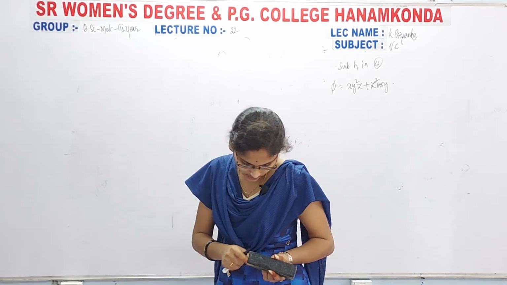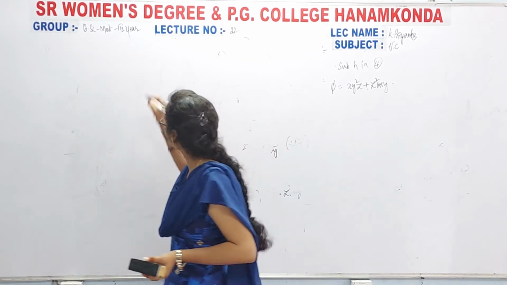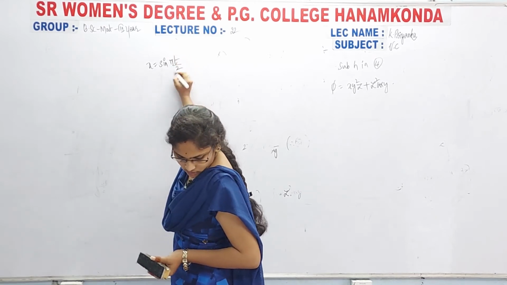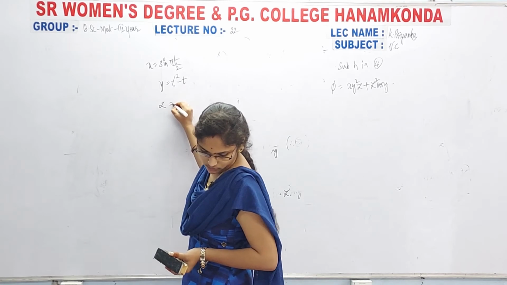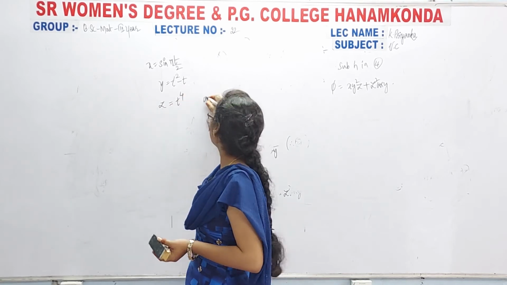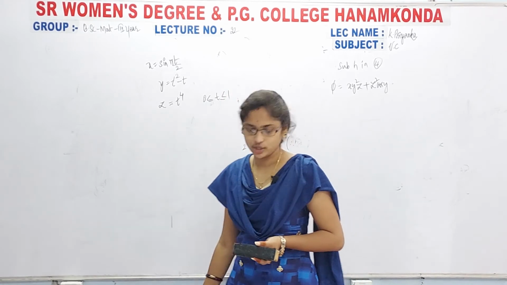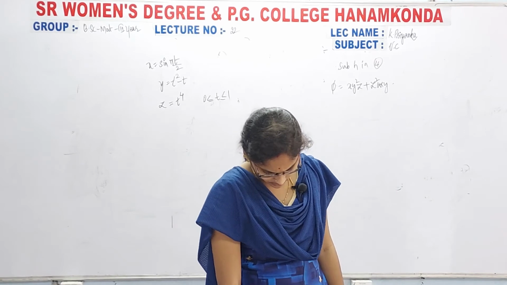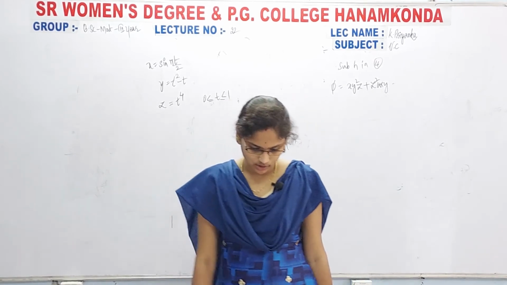They mentioned that the curve is x equal to sine pi t by 2, y equal to t square minus t, z is equal to t power 4, where t lies between 0 and 1. Now for this one I will give the hint. This is the given information.